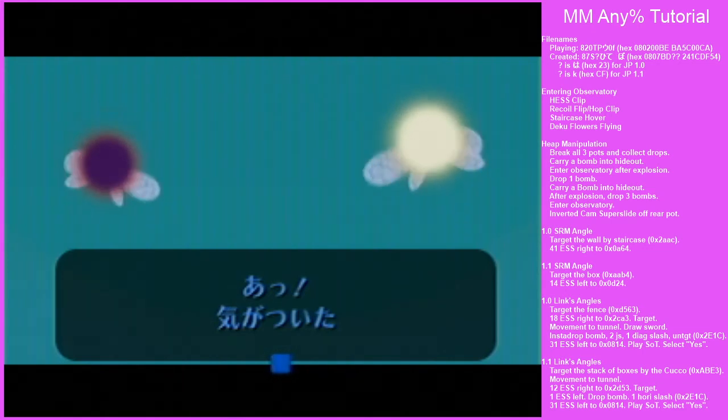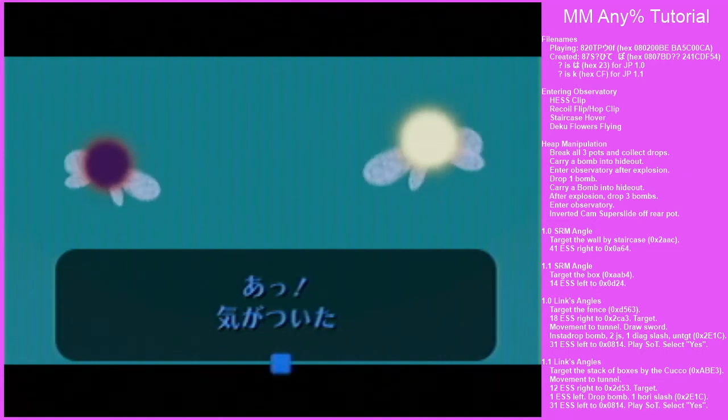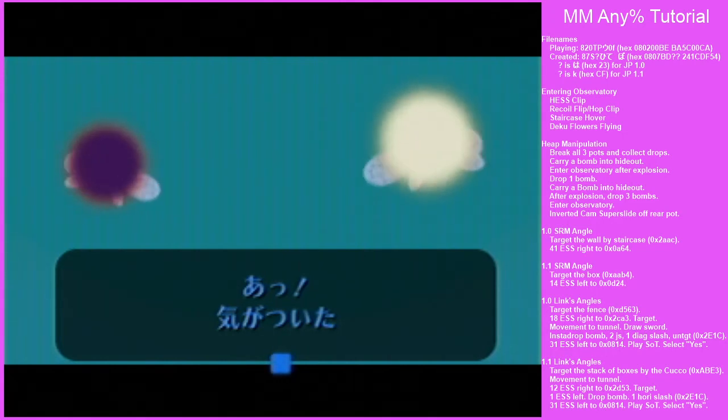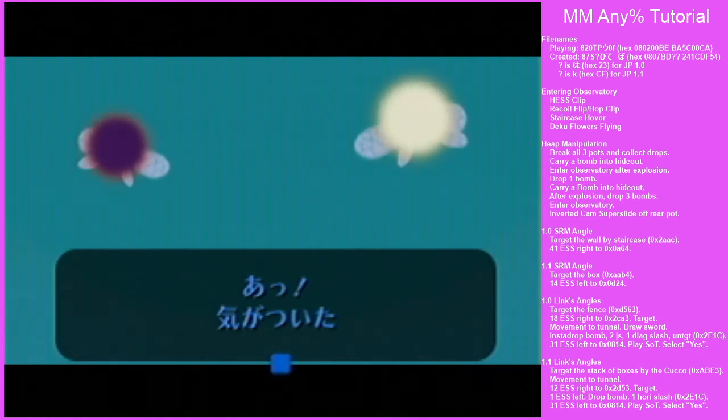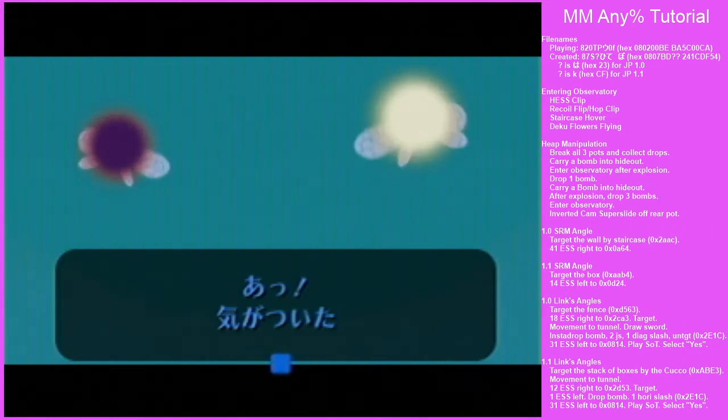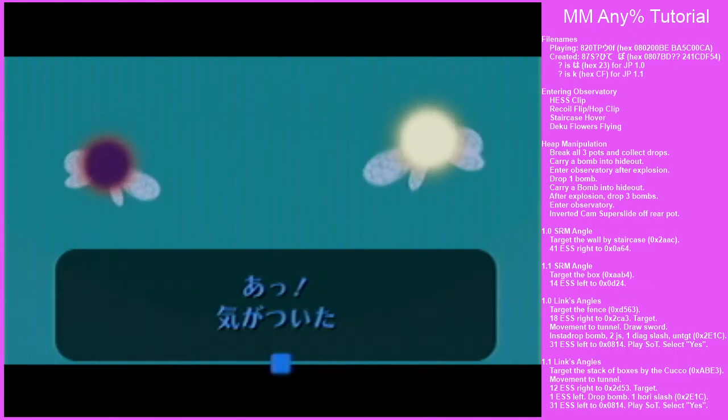Now that we have Observatory route, the Graveyard route 1.0 was way faster, but here the difference is only 2.5 seconds. So it's not a huge deal either way. So just order a Japanese cartridge of this game. It doesn't matter which one. And you'll be able to run any %, which is really cool.